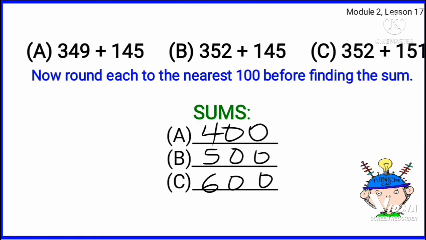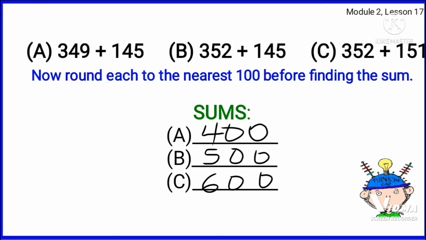Let us round off to the nearest 100. To the nearest 100, 300 plus 100 will give us 400. That is the A. To the nearest 100 in B, 400 plus 100 will give us 500.